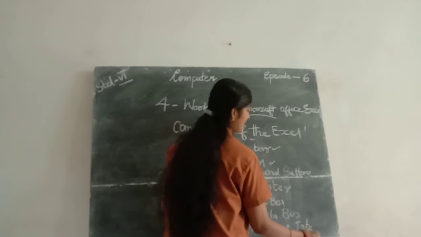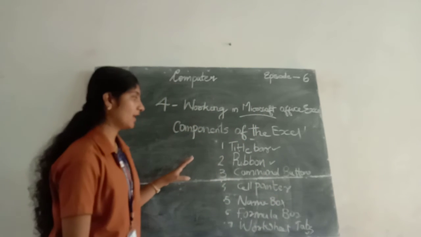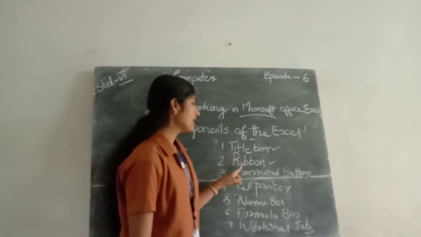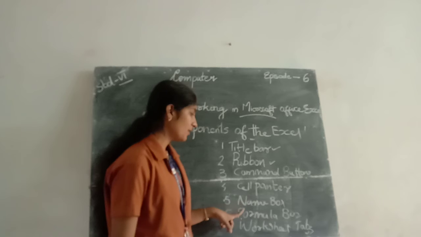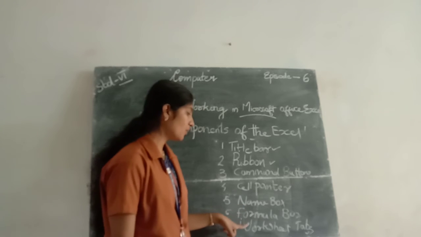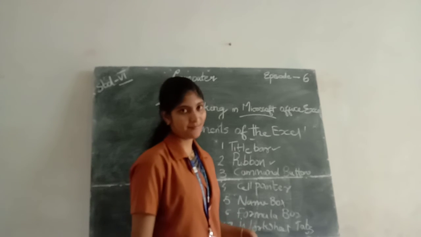So these are the 7 components in Excel. What are they? Title bar, ribbon, command buttons, cell pointer, name box, formula bar and worksheet tabs.